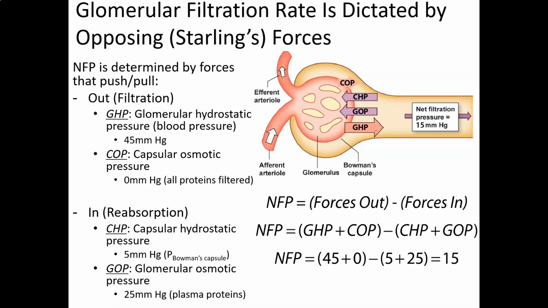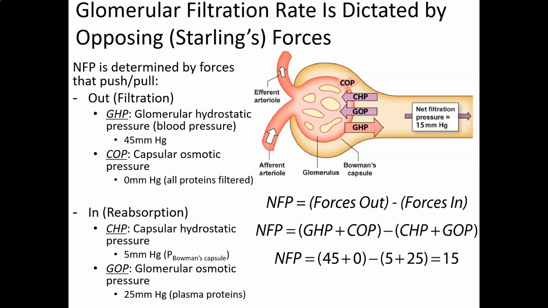Now, not everybody has the same net filtration pressure because it depends on a number of factors, but normal net filtration pressures in humans are about 10 to 20. However, my net filtration pressure in my kidney might be 20 and give me a GFR close to 125, while yours might be 10 and give you a similar GFR number because of the anatomy of the kidney and other factors.